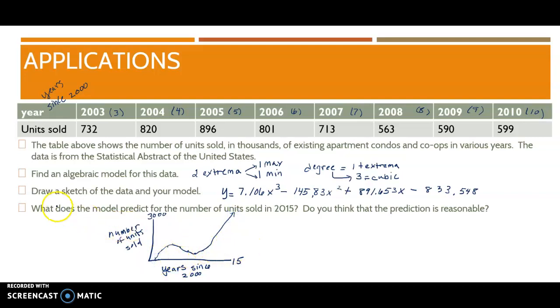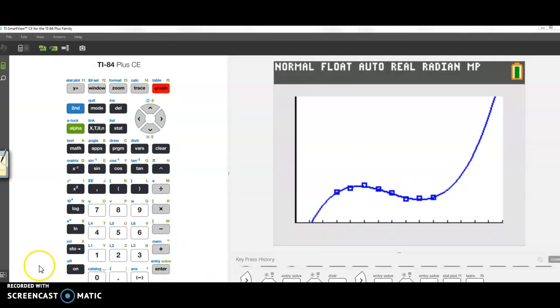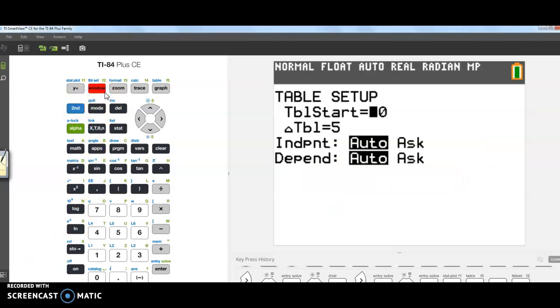And so then it asks me down here, what does your model predict for the units sold in 2015? And that is why we went out to 15 to look what the graph is doing. So we'll go back to our calculator to get that value. There's a couple options to find that value. I'm going to use the table. So first thing I'm going to do is look how my table's set up.